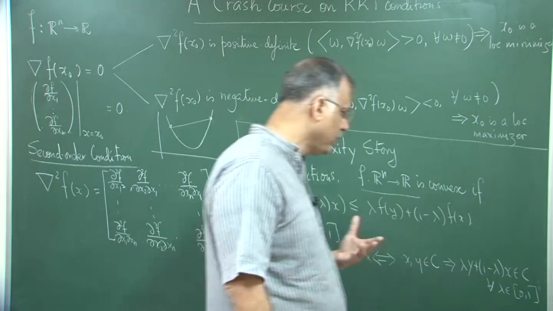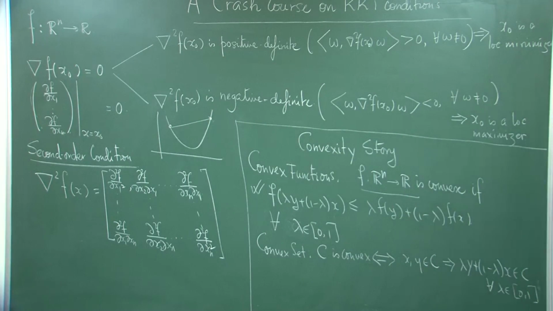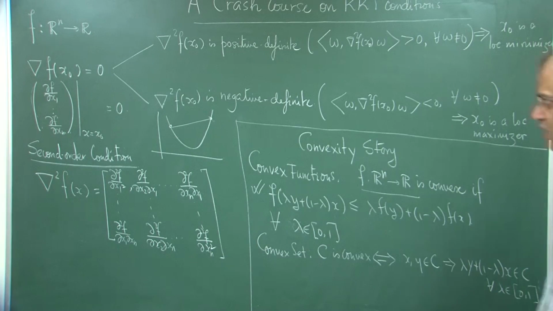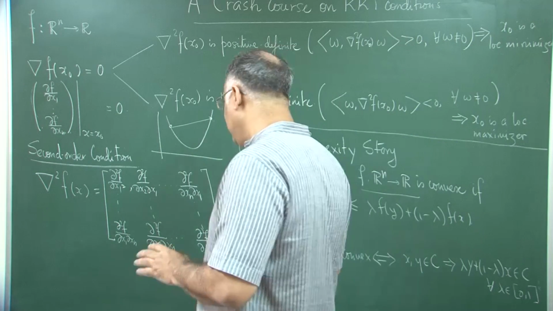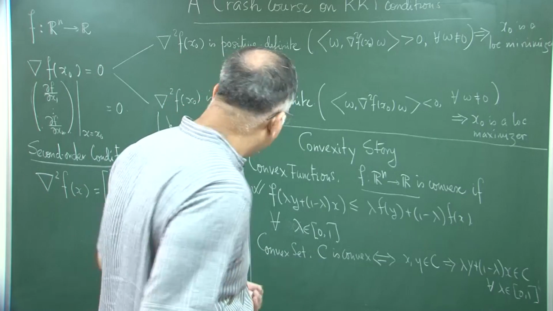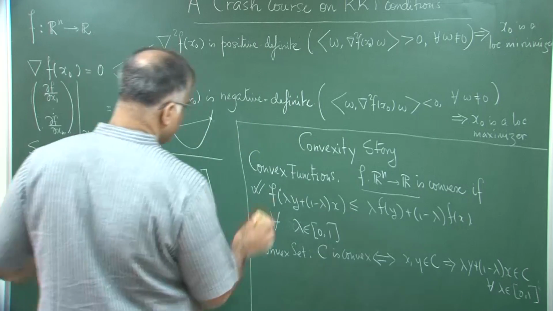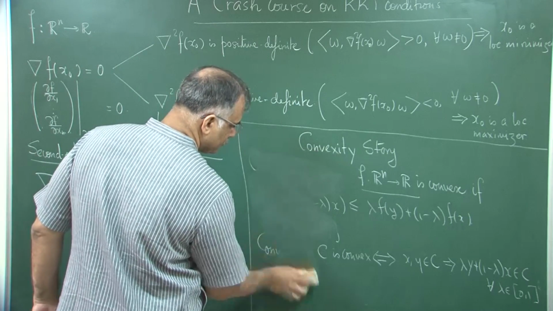So what we are now going to show is that if you have convexity of the function f, then you do not have to look for second order conditions.